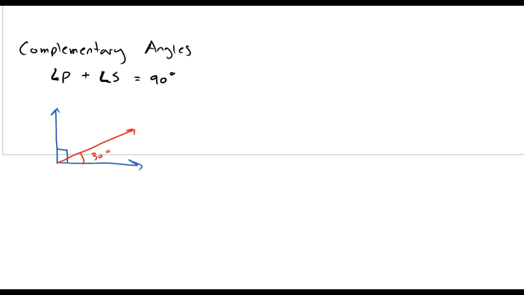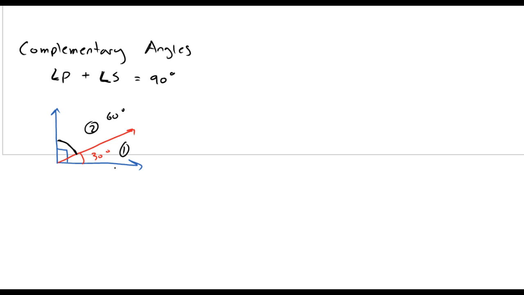What would this angle over here be? This one over here, okay? Well, again, if they have to add to 90, so let's call this angle 1 and call this angle 2. Well, angle 1 is 30, angle 2 would have to be 60 degrees. And then they're complementary angles. So that is the rule for complementary angles.